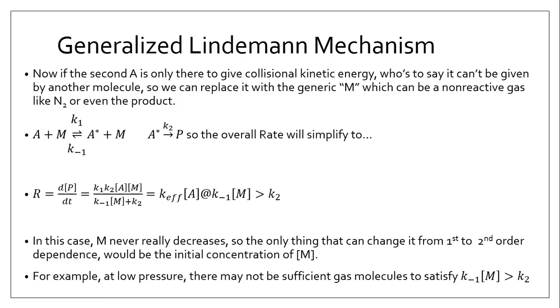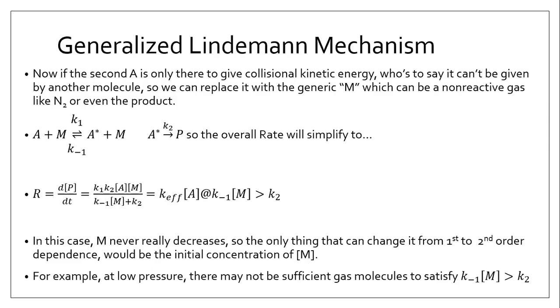And it simplifies to k effective times A, where M and M cancel out, because M is never going to decrease. The only thing that's going to change this would be the initial concentration of M.